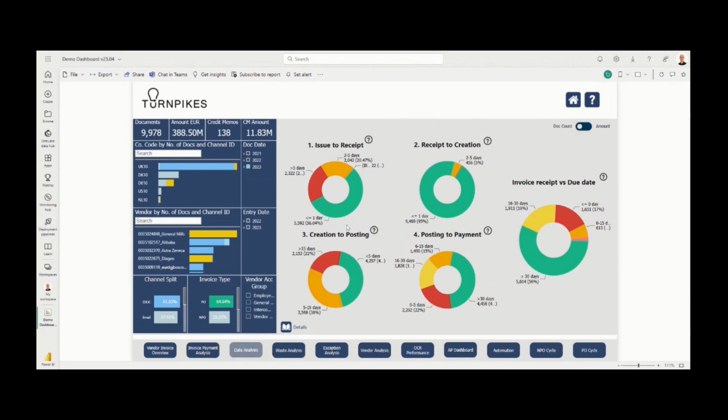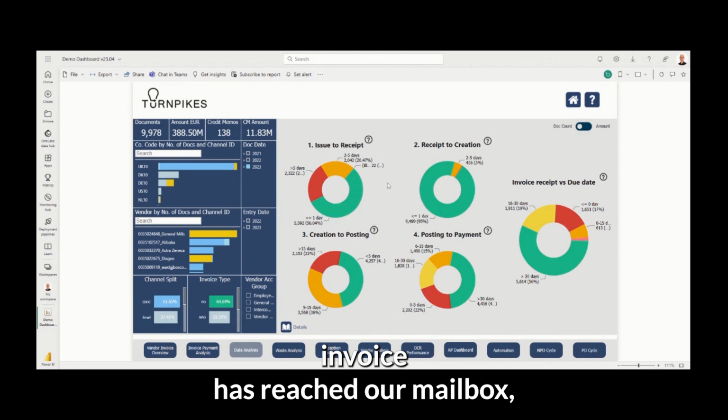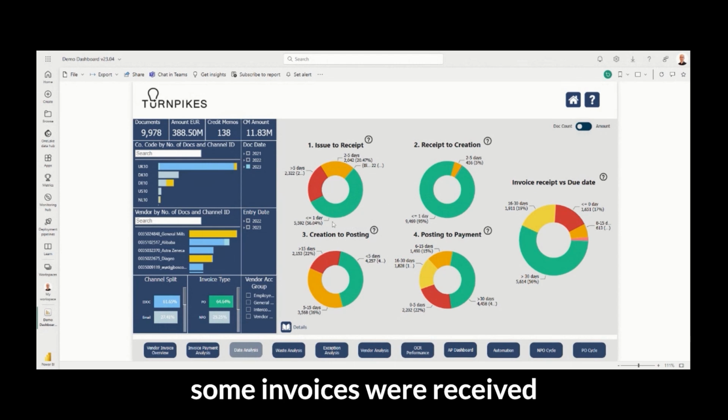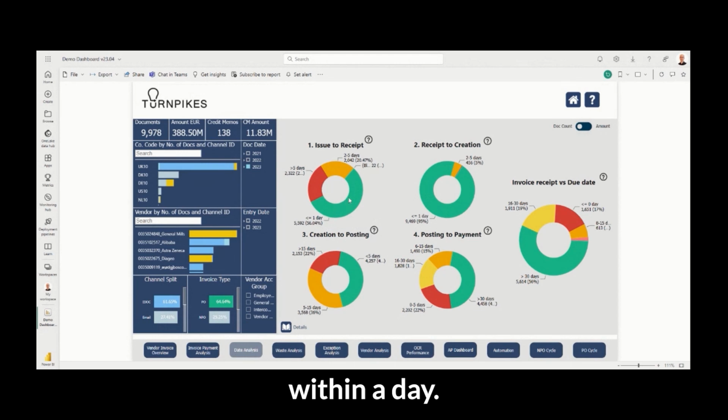In any case, for example, here we can see how many days have passed until the invoice has reached our mailbox, or in general any of our input channels. So we can see that some invoices were received within a day, and for some of them we had to wait more than 5 days.